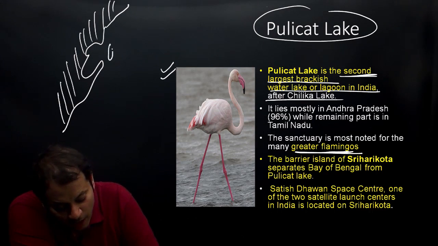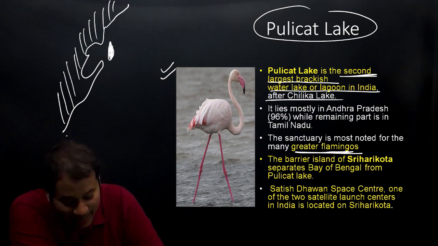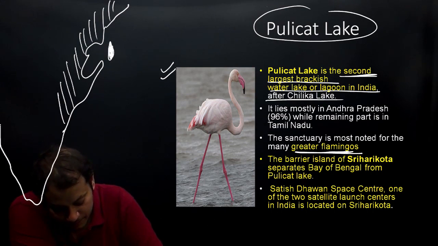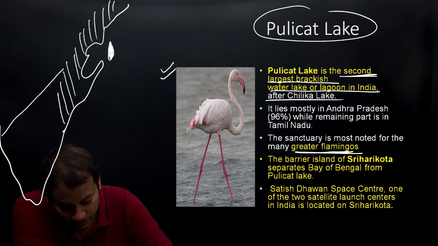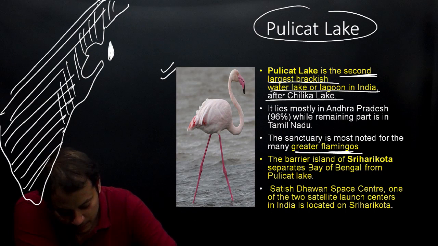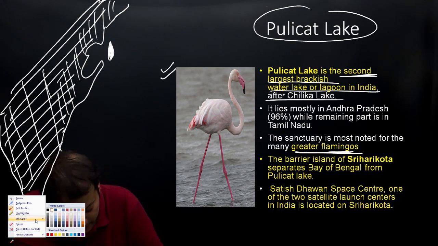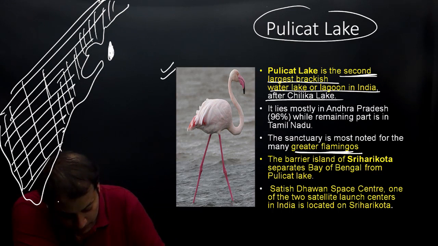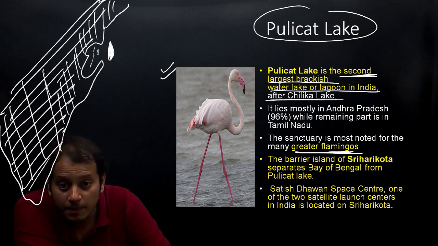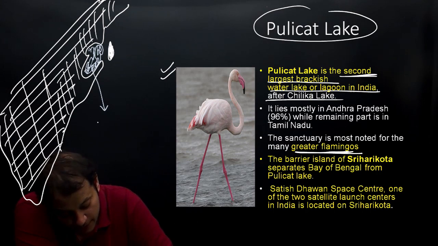Then there is a small island across between the Pulicat Lake and the sea.